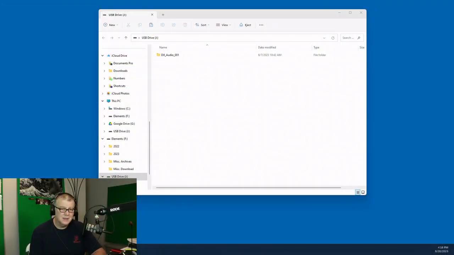I'm going to plug in the USB cable, and I'm going to plug the other side of the USB cable into my USB hub. Sorry about that pop. Give it a second. Let my computer plug and play, and let me look at my computer here.